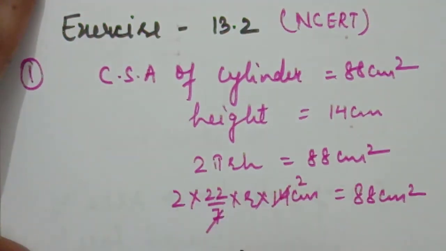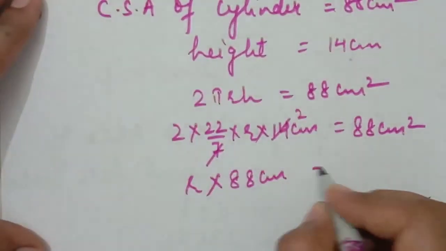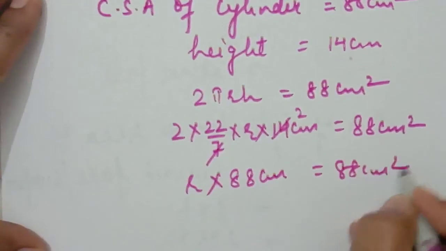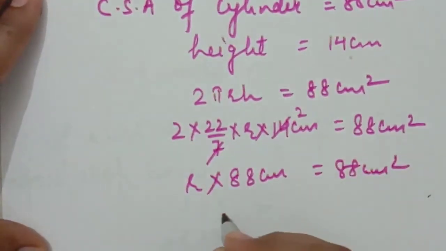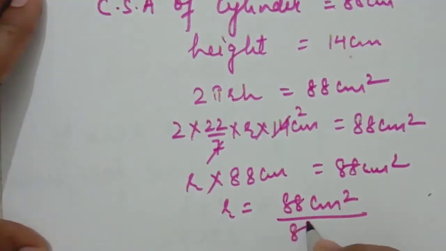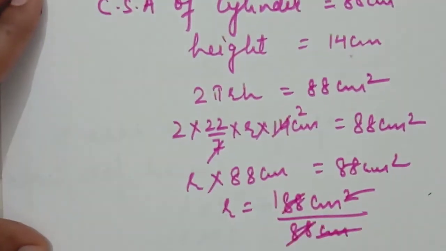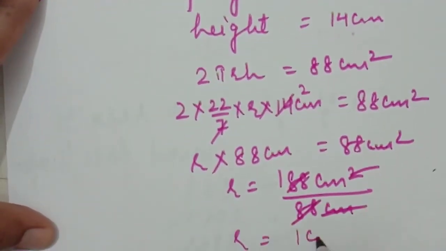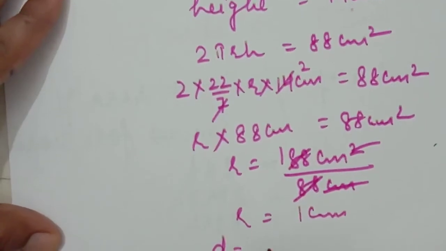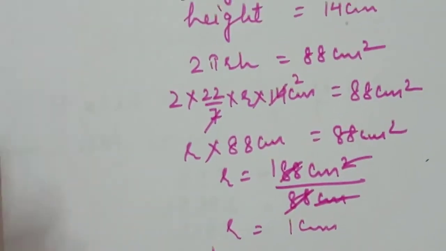Now we have 88 centimeter into r. Shift to the other side because we have to find the value of r, which is 88 centimeter square divided by 88 centimeter. 1 centimeter cancels with 1 centimeter and 88 ones are 88. Then r is equal to 1 centimeter. And we know diameter is equal to 2r, which is equal to 2 centimeter. This is your first question.